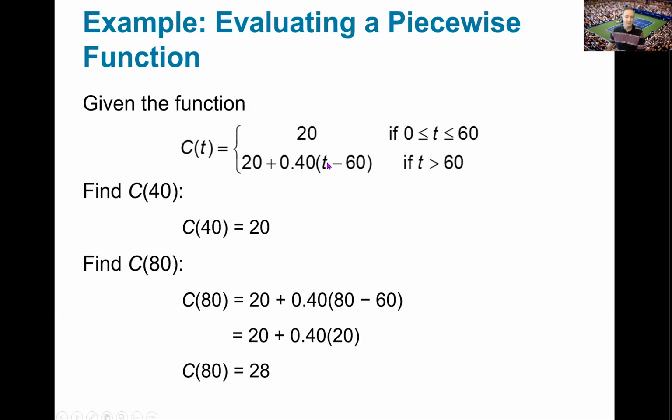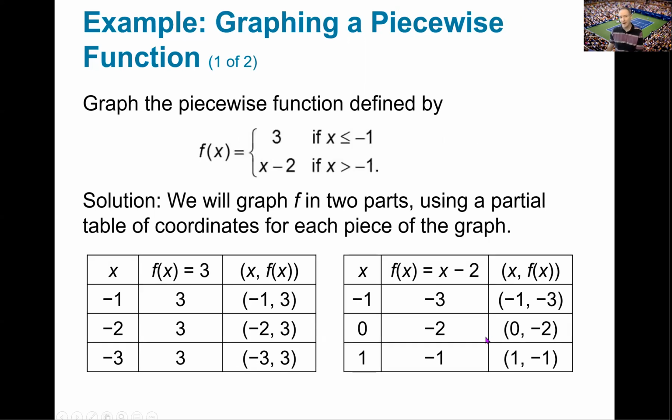So I plug 80 in for t in the second part, and I'll get 20 plus 0.4 times 80 minus 60. That gives me 20 plus 0.4 times 20, which is 20 plus 8, for 28. So you can double the amount produced in this case and only increase the cost by $8. Not bad.